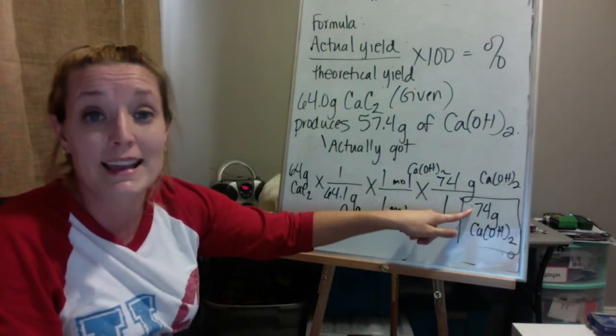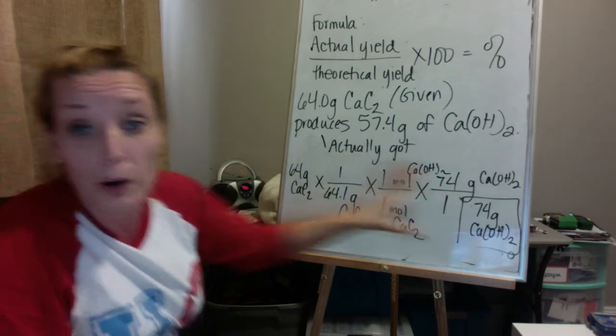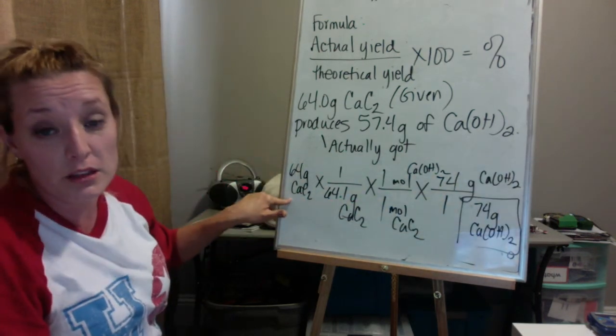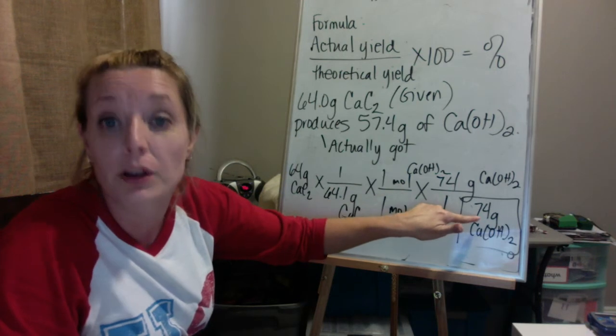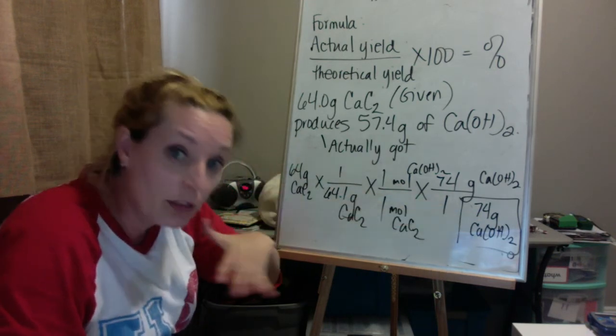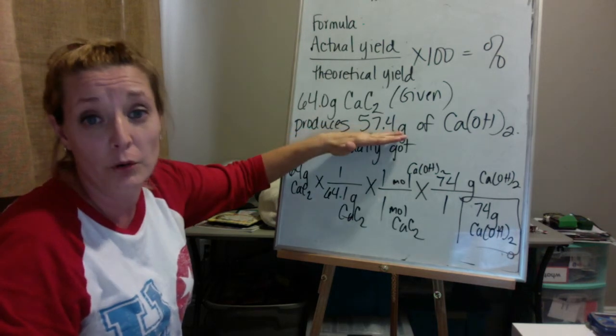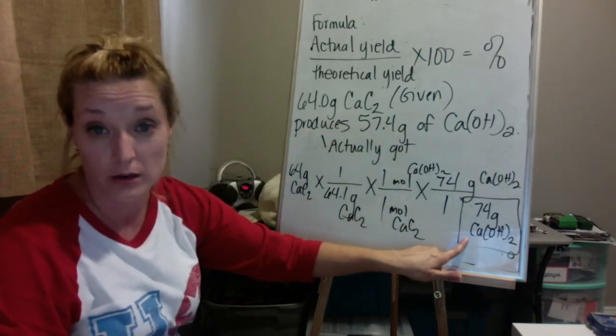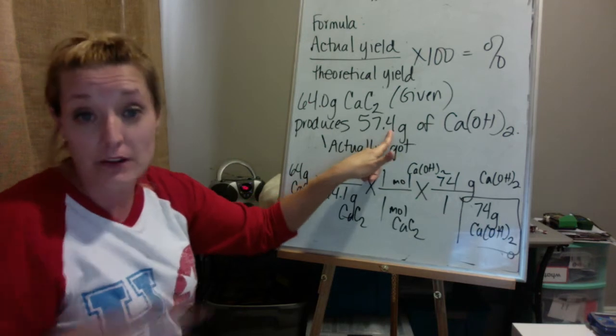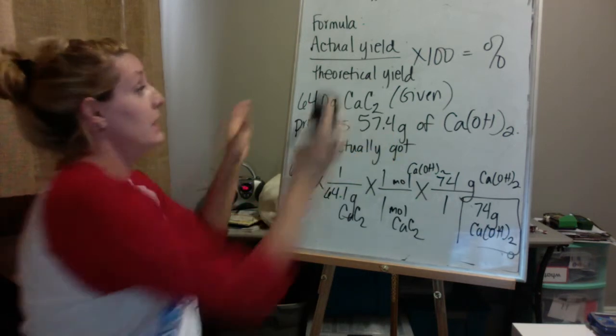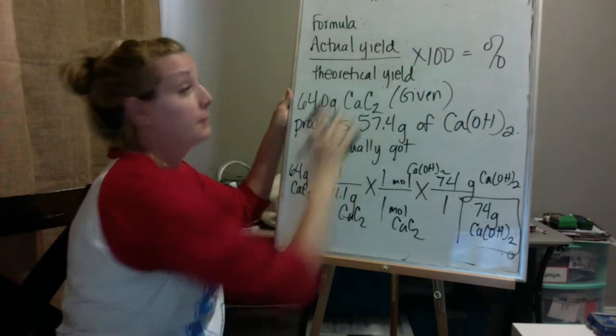This is telling me, in theory, in a perfect world, if I start with this, this is how much I should produce. But the problem also told me I actually got 57.4. I was supposed to get 74. I only got 57.4. So the next step is to use this formula and plug in.